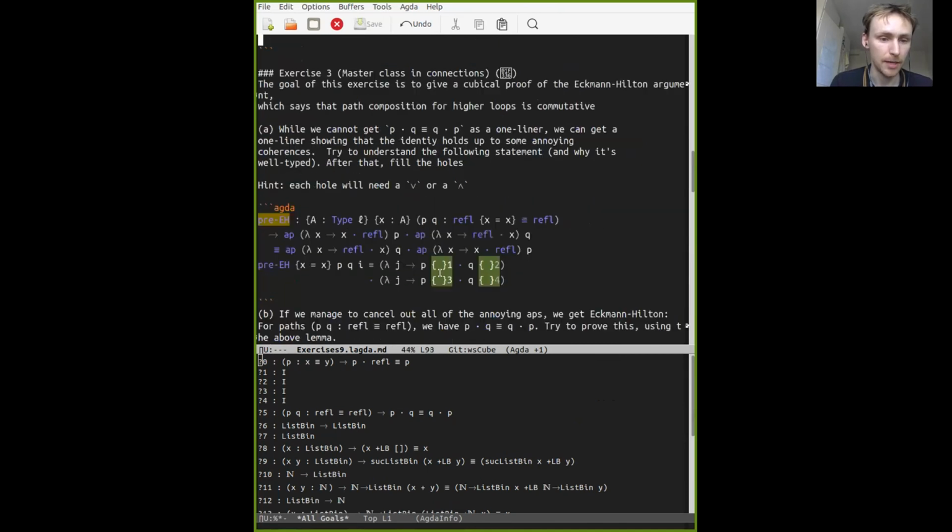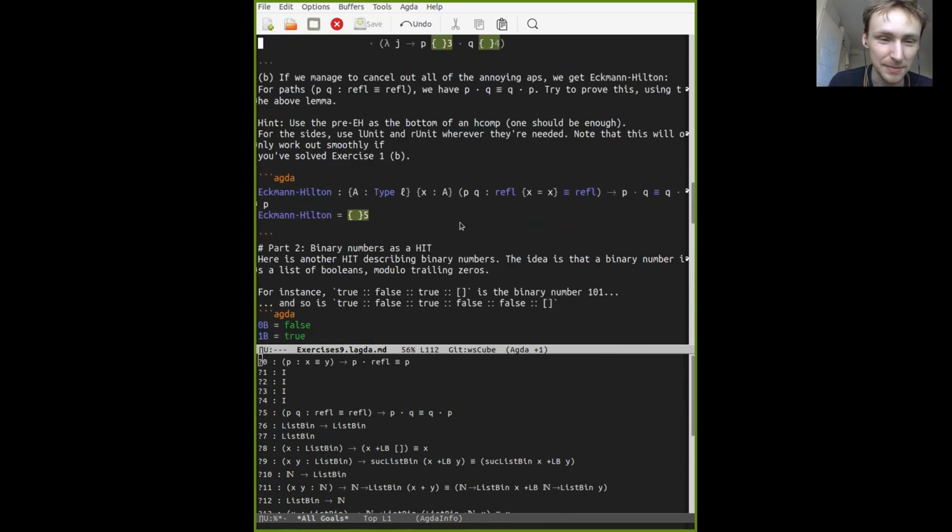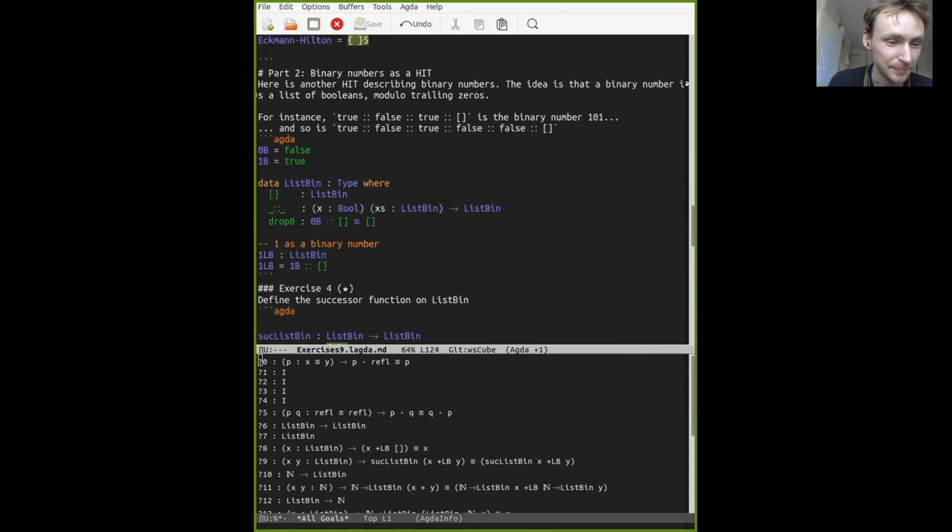Okay, let's skip the masterclass in connections here. This is a really hard exercise that I like, but let's not do it. There. Now I can see the comment again. So I click on writing. Yeah.